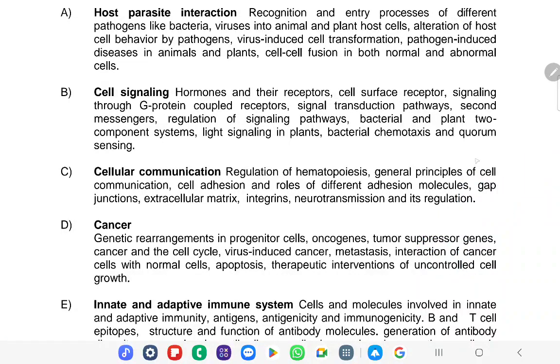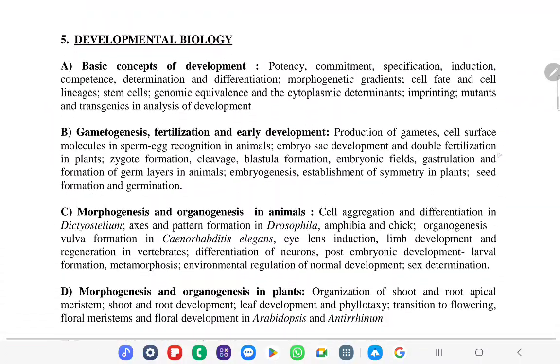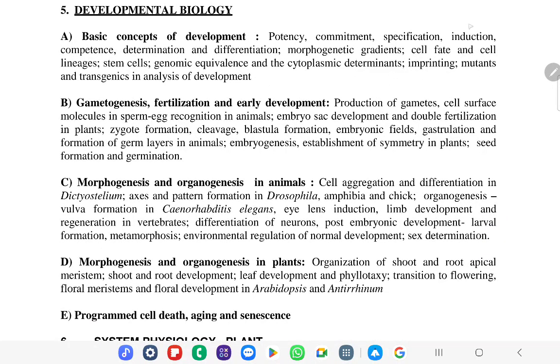Okay, this contains 5 subtopics. And the fifth unit consists of the basic concept of development, gametogenesis, fertilization and early development, morphogenesis and organogenesis in animals, morphogenesis and organogenesis in plants, and programmed cell death, aging and senescence.